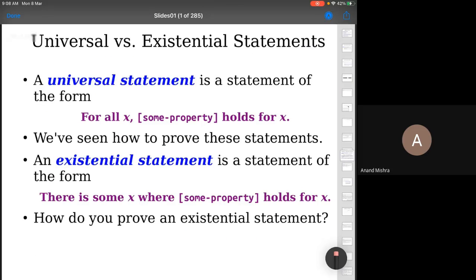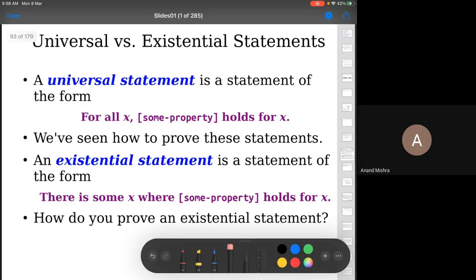There are two types of statements, universal and existential. A universal statement is a statement of the form: for all x, some property holds for x. We have seen such statements so far. Whereas an existential statement is: there is some x where some property holds for x. So how do you denote them?